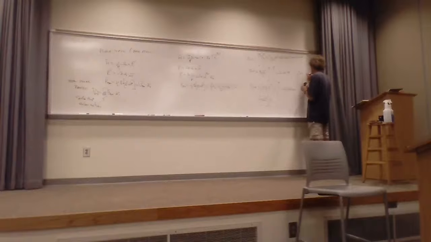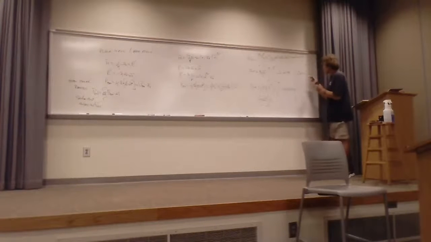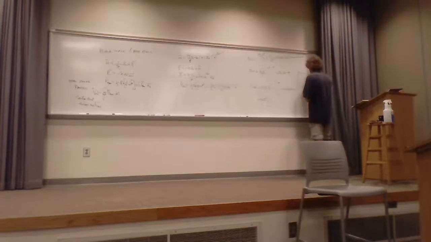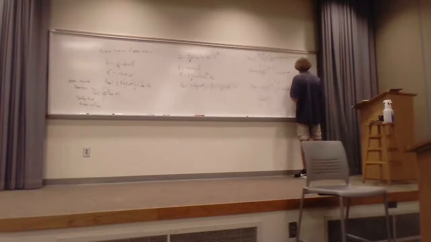So what is that going to be? Well, what's the integral of u squared? It's u cubed over 3, evaluated from 1 to minus 1, right? I can flip these limits, or actually I can just leave them alone.